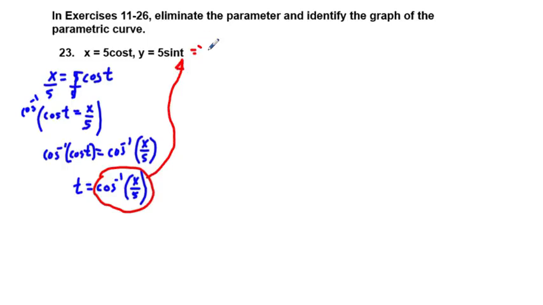And in so doing, what we remain with is y equals 5 inverse cosine, well, it's going to be 5 sine, excuse me, 5 sine of inverse cosine of x over 5. Okay, so it's going to look like that. So let's go ahead and graph that in the calculator.